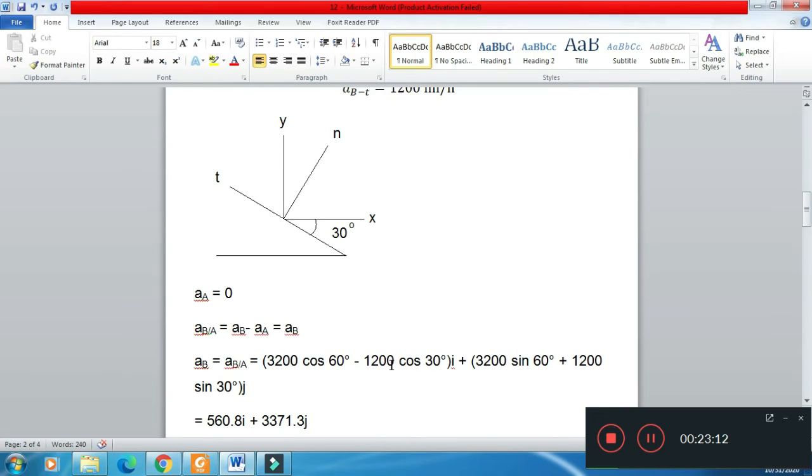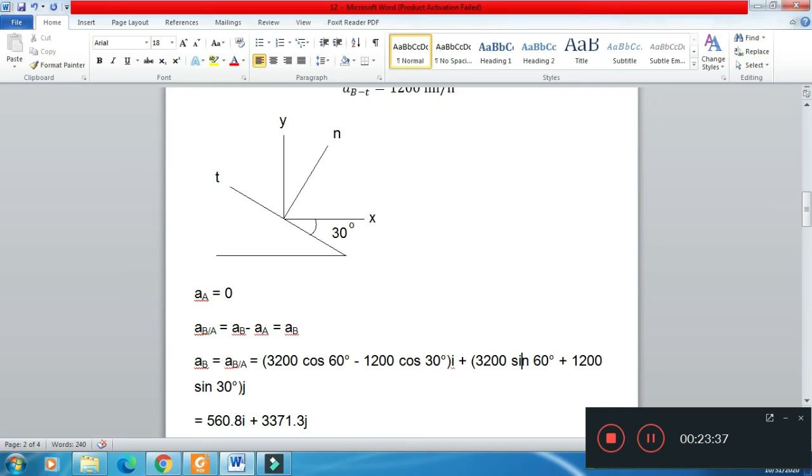Then subtracted by 1200 cos 30. The tangential acceleration is 1200, and we multiply with cos 30 to get the acceleration in x direction, and since it is towards left, there is a negative sign.